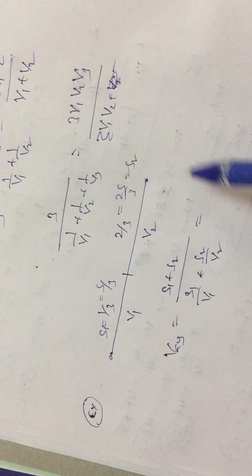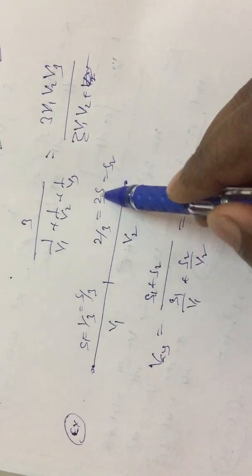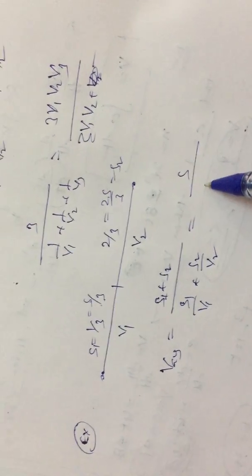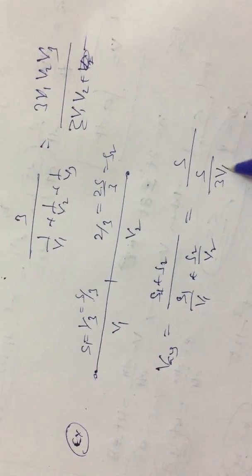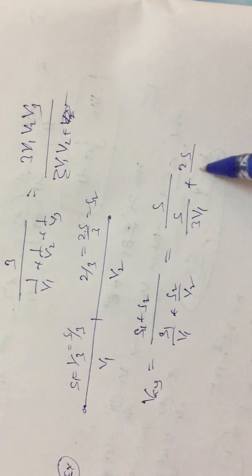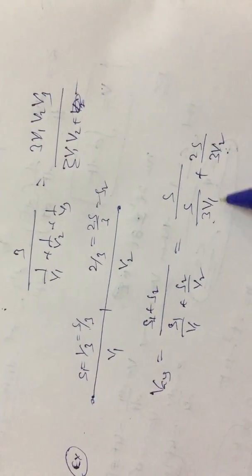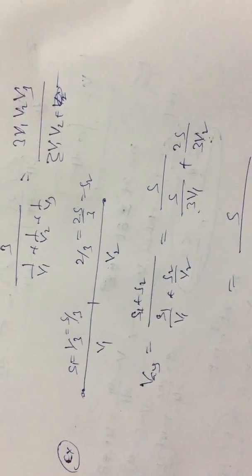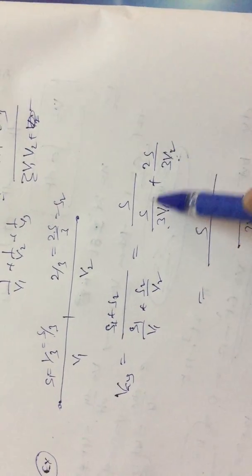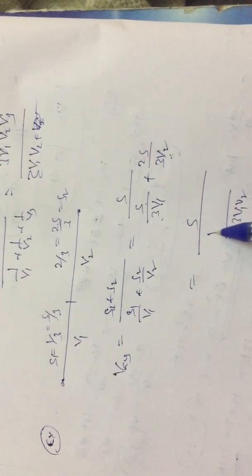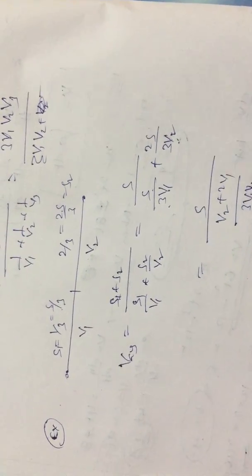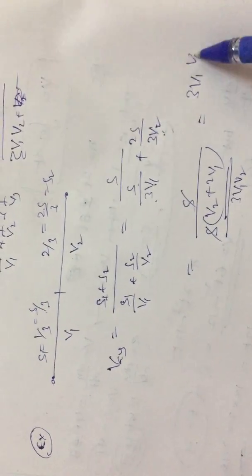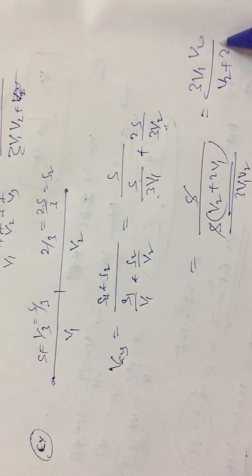Here s1 plus s2 is s by 3 plus 2s by 3 equals s, divided by s by 3 v1 plus 2s by 3 v2. The LCM is 3 v1 v2, so it is s by 3 v1 v2 times v2 plus 2 v1. The s is taken common and gets cancelled, giving 3 v1 v2 by v2 plus 2 v1.